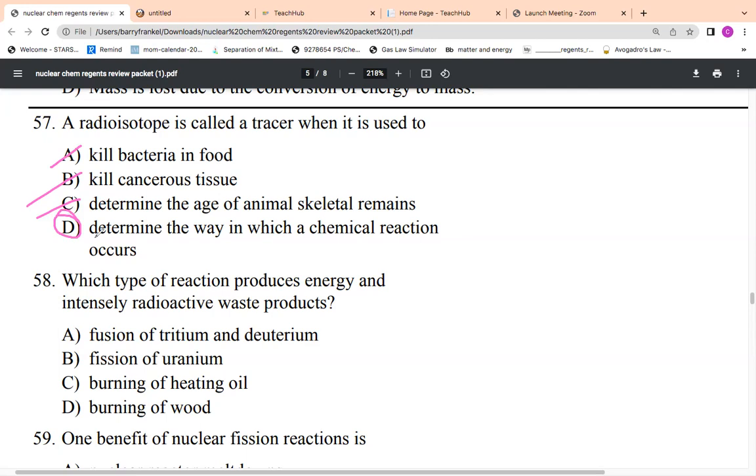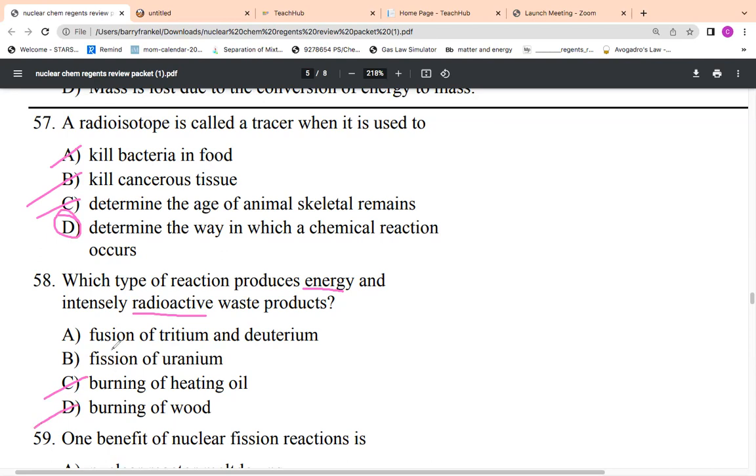So choice D. 58. Which type of reaction produces energy and intensely radioactive waste products? Energy and something that's radioactive is going to come from some sort of nuclear reaction. Burning of heating oil and burning of wood, those are both chemical reactions. It's really between fission and fusion.